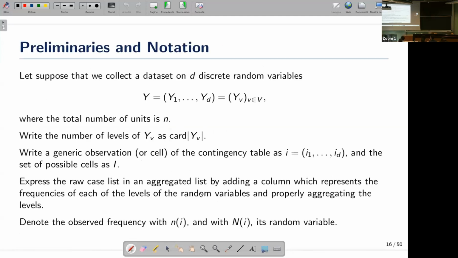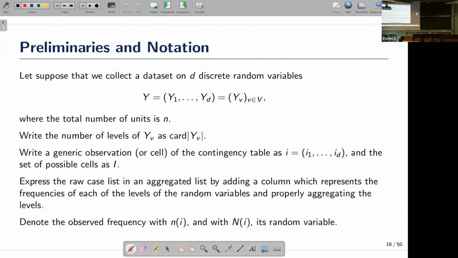Okay, some notation. The random variables are going to be represented by Y1, Y2, up to Yd, or in more compact form like this. Then the cardinality of each random variable is going to be the number of categories that you have for each random variable.